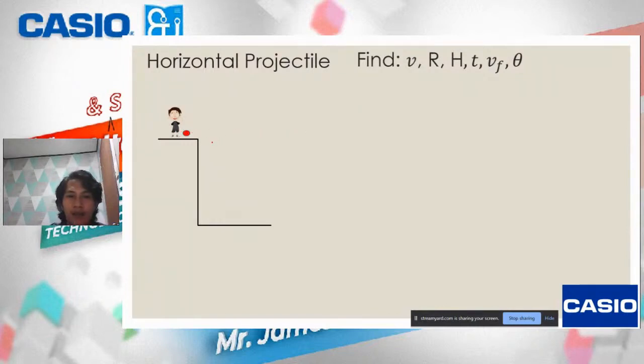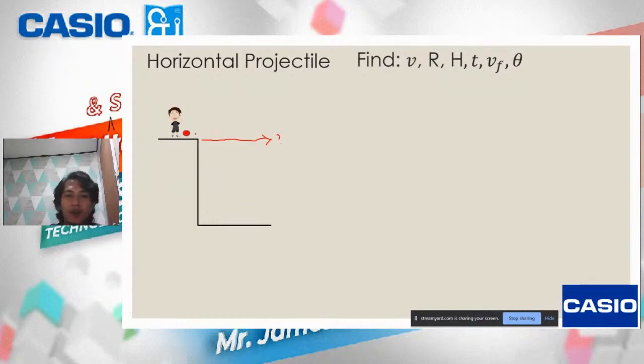So, notice na nasa cliff siya, no? In reality, wala namang nangyayaring ganito, no? Nasa cliff, sinipa mo yung bola. Pero, let's assume for the purpose of discussion, ganito yung setup natin. Okay? So, since wala tayong space dito, so if you notice, ito ay wala.